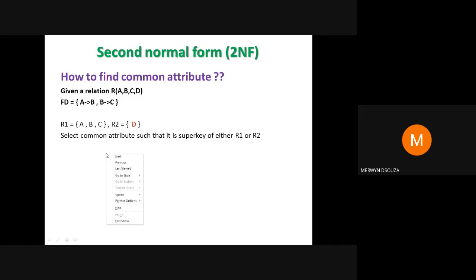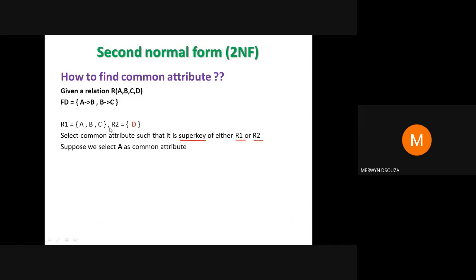To do that, we can select a common attribute such that the attribute is a super key of either R1 or R2. So you need to select one attribute, and check whether that attribute will be a super key.